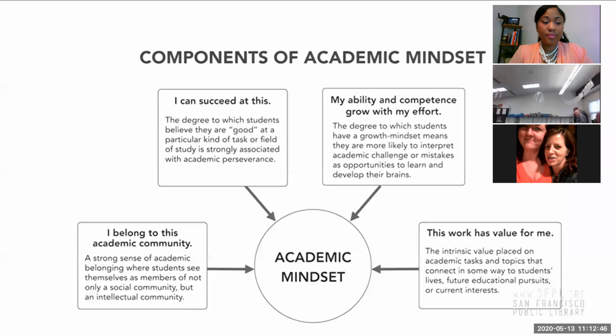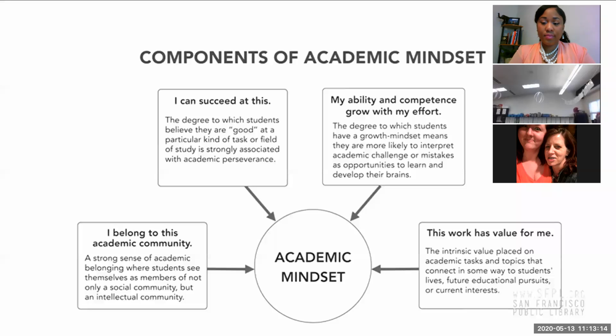And this rotates through what the child is saying to himself. I belong to this academic community. So that you create a community of learners where that child sees himself as part of that inquiry, trying new things, making things, breaking things, and doing that in community. I can succeed at this, meaning I have a sense of competence. It's not about the right or the wrong answer, particularly with our youngest children.